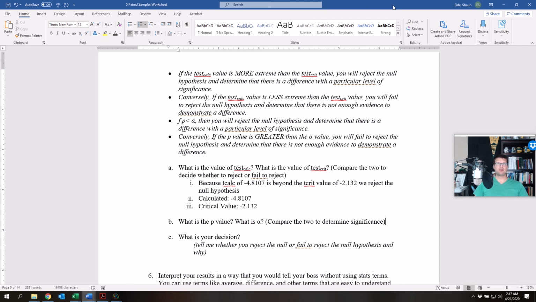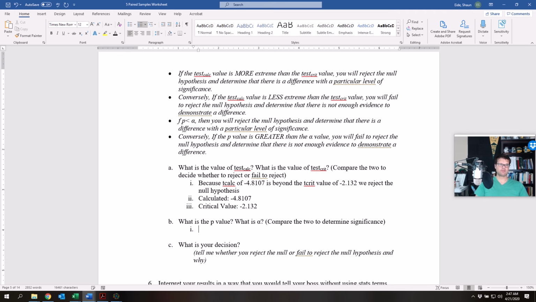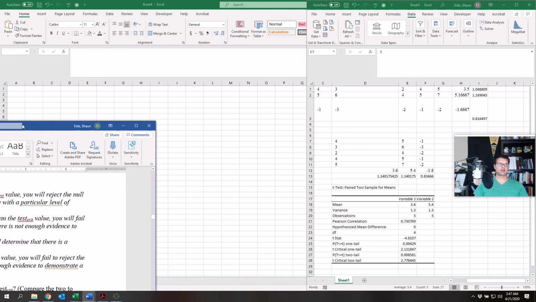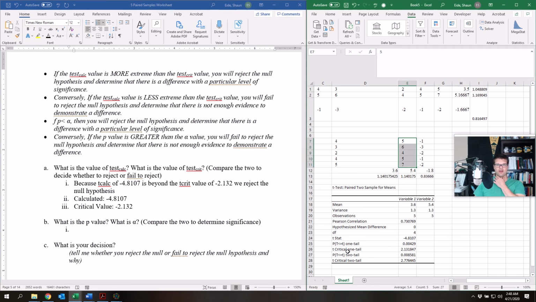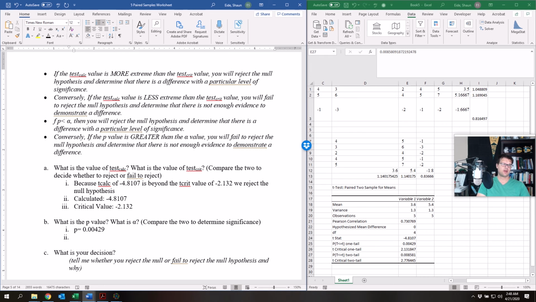Next, what is the p-value and what is alpha? Okay, so we've got the p-value. Let's go back to our Excel file where we calculated everything. And what is the p-value? Are we doing the p-value for a one-tailed test or for a two-tailed test? And the answer is we're doing it for a one-tailed test. P equals 0.00429. Okay, and then alpha, I'm going to copy this.